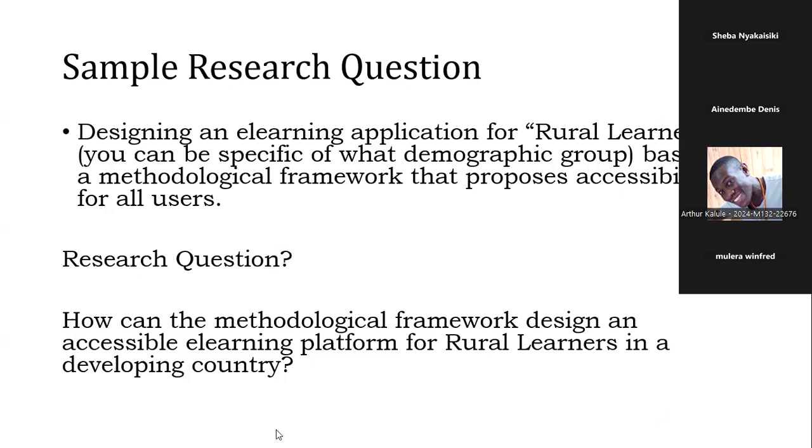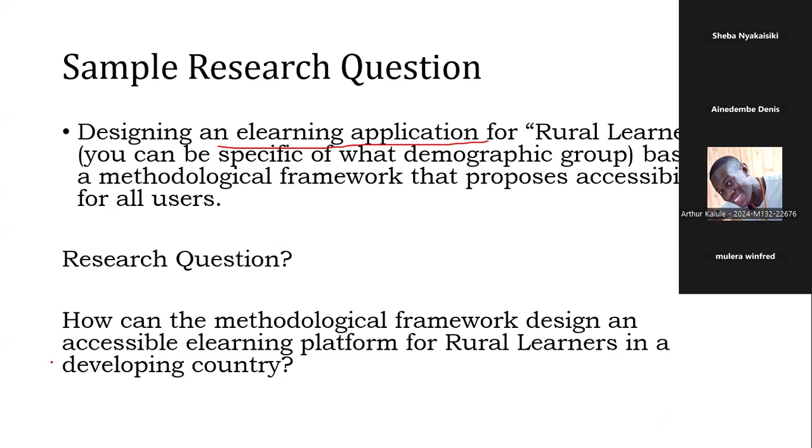Okay. So here I have a sample. Designing an e-learning application for rural learners. You can be specific on demographic here. Maybe you can say designing an e-learning application for rural learners at undergraduate level or postgraduate level. You can be very, very specific. Or for secondary school learners.